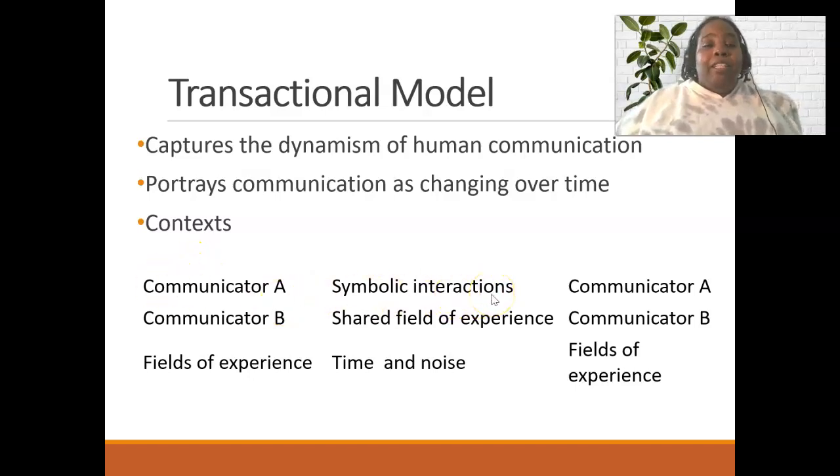Both engage in symbolic interactions. They have a shared field of experience because they're talking about the same thing, and they are experiencing the interaction either at the same time or at different times, and can experience both external and internal noise that can impede on the communication process.